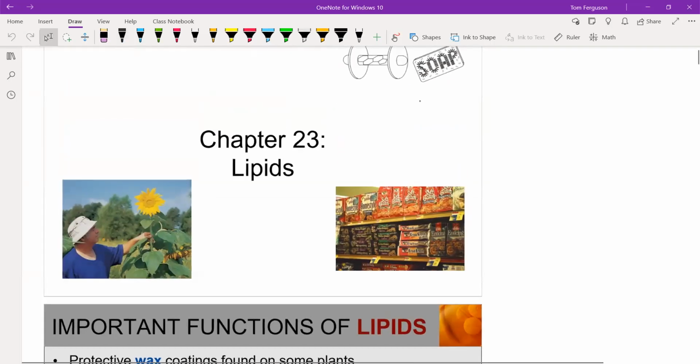Now, the chemistry of lipids is the chemistry of acids and esters.